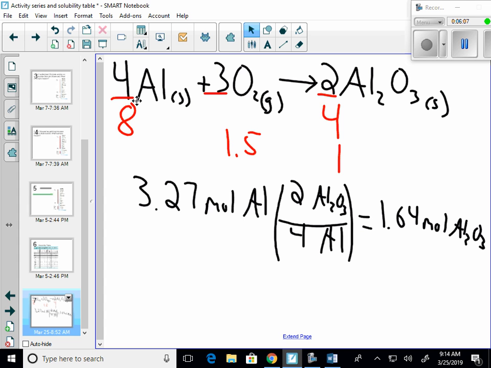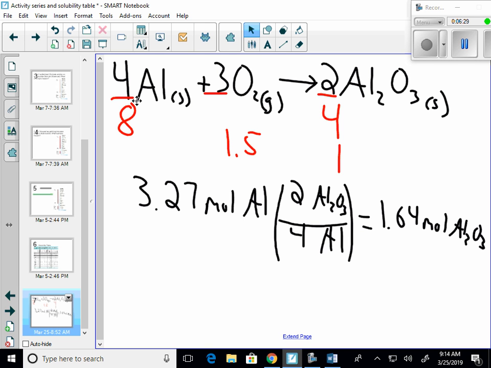Because if we kind of remember this, we can take it one more step. And that step is shown in letter D on this sheet. Letter D asks, how many grams of aluminum oxide will be produced if you start with 13.6 grams of oxygen? Notice how grams is given to you now.